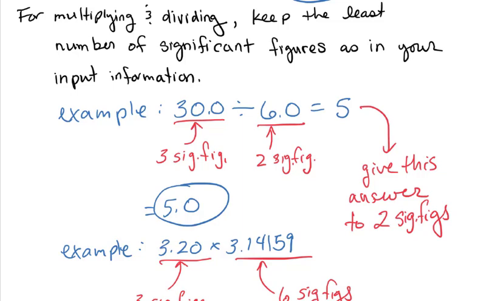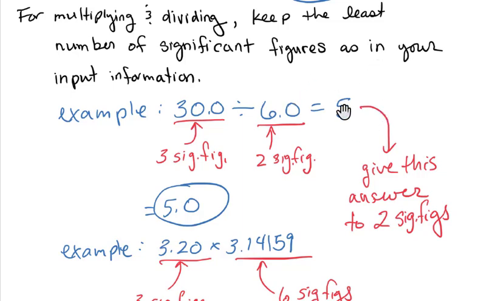So here's a rule for rounding for sig figs after multiplying and dividing. You want to keep the least number of sig figs as your input information had. So as an example, how about we do 30.0 divided by 6.0. And 30.0 is known to 3 sig figs, 1, 2, 3. And 6.0 is 2 sig figs, 1, 2.